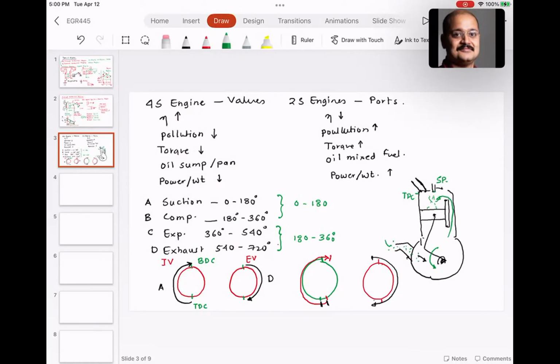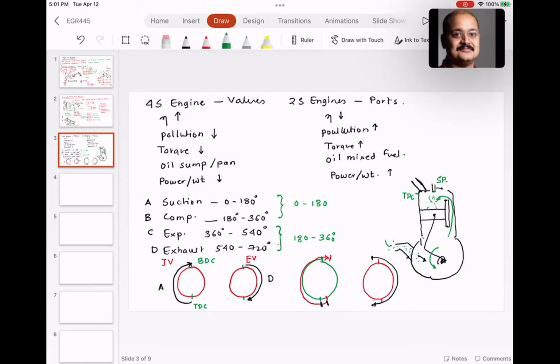In the case of a 4-stroke engine, just like your cars, the oil is in the oil pan, and you have to periodically go and change the oil. So that's what you do after every 3,000 miles, you get the oil change. So these are the most important differences between 4-stroke and 2-stroke.